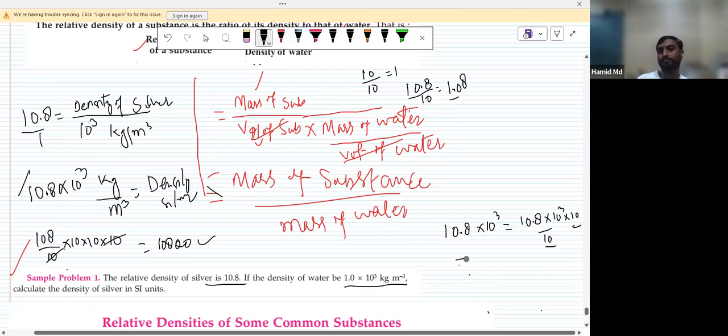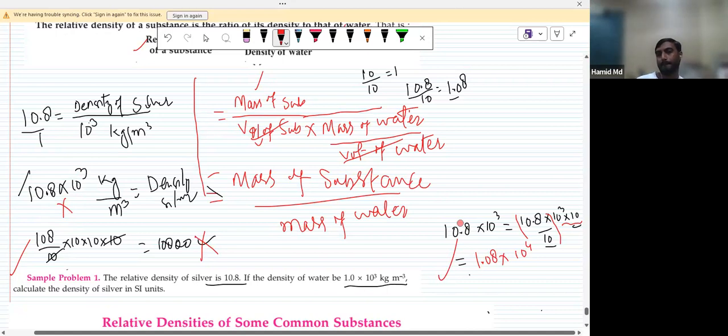So I will take these numbers together and these numbers together. With this number it is 1.08, and with the other it is 10 raised to the power 4. Clear? So it is the scientific notation. No need to write like this, and neither like this. Always follow this notation.